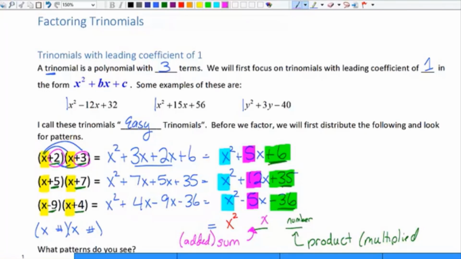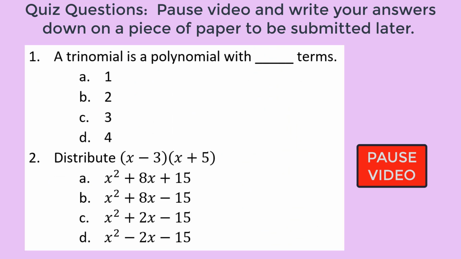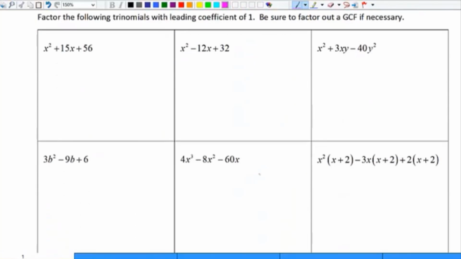Okay? So now that we've seen those patterns, what I want you to do is use those patterns to work backwards to factor easy trinomials with leading coefficient of 1. The instructions say, factor the following trinomials with leading coefficient of 1. Be sure to factor any GCF if necessary. Well, in the first problem, there is no GCF, so we're going to go ahead and go straight to solving.